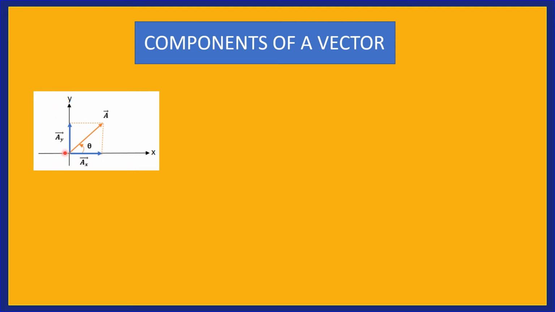That's why we call them component vectors of A. These component vectors are obtained by projecting A along the x-axis. Then we have A_x. And how about A_y? We project from the tip of A towards y. So we have now A_y. Those are the component vectors of A, A_x and A_y.